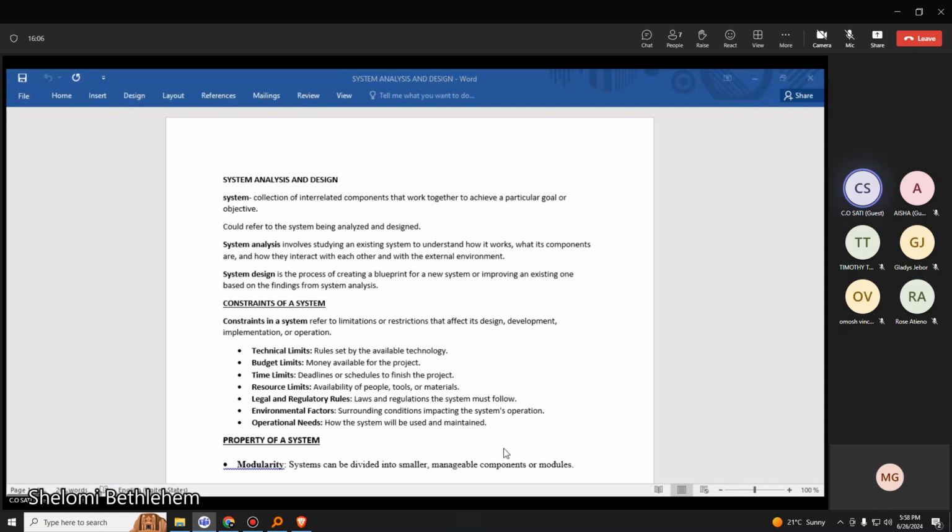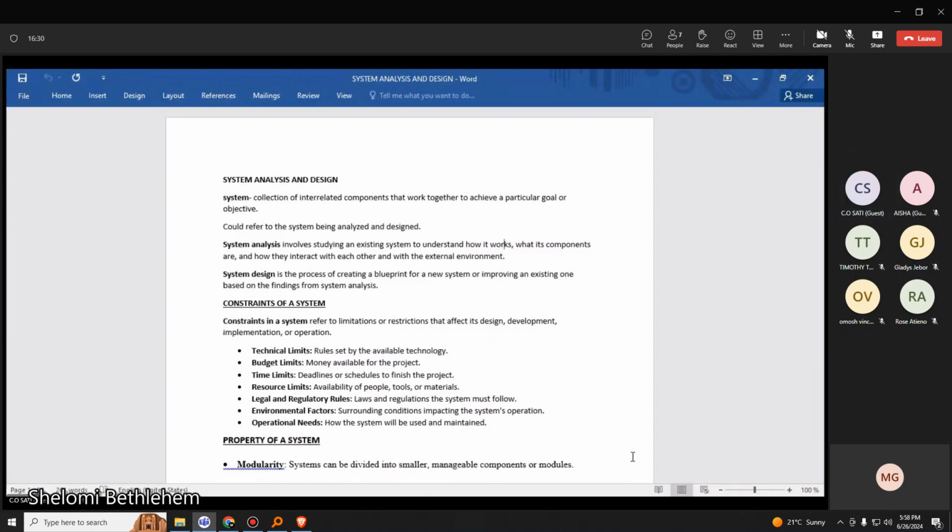Jebor, can you say something about time limit as a constraint? Okay. Time limit, it's about the deadlines or schedules to be finished within the project. Yes, thank you, Jebor.